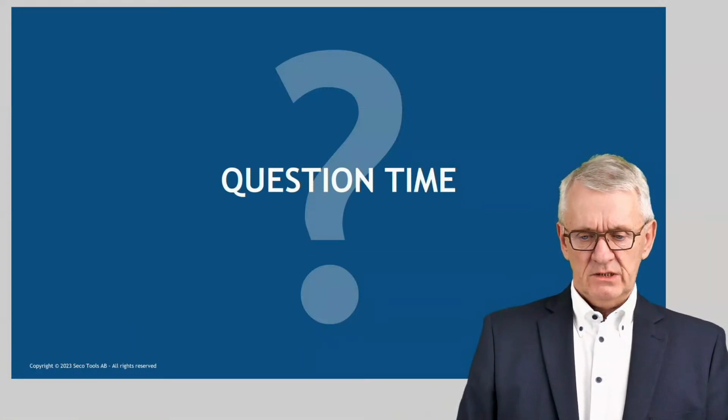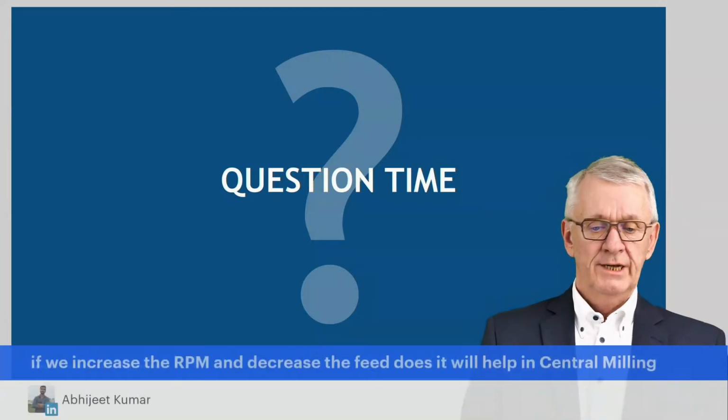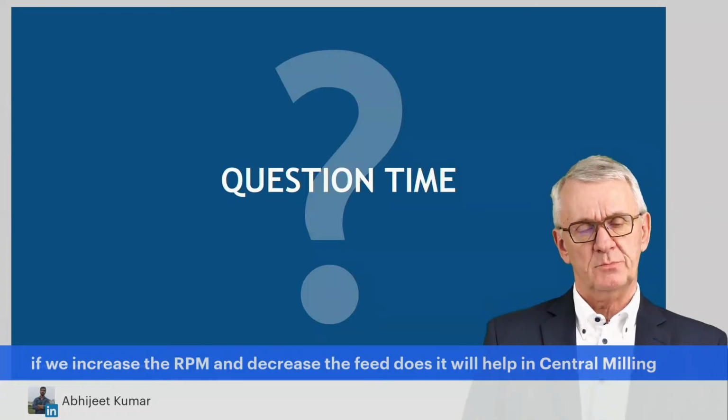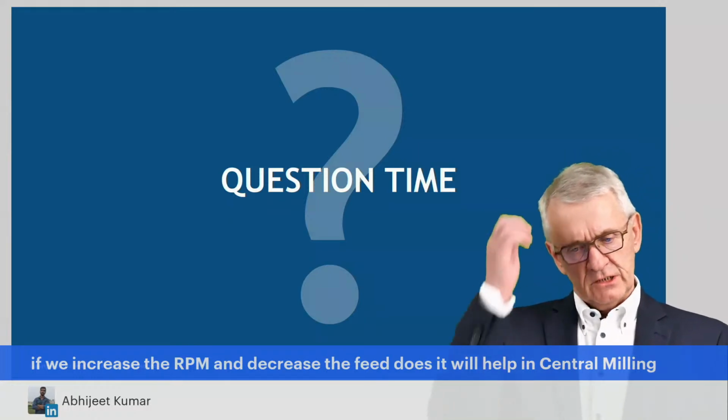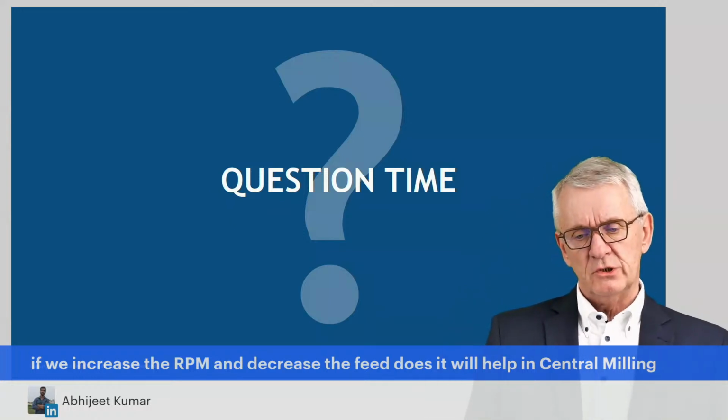A question: if we increase the RPM and decrease the feed, does it help in central milling? From a technical perspective, it could help, of course. In general, it will help. On the other hand, you have to ask yourself the question from an economical perspective, from a productivity perspective. If you reduce the feed, that means you go slower, but you are clever.